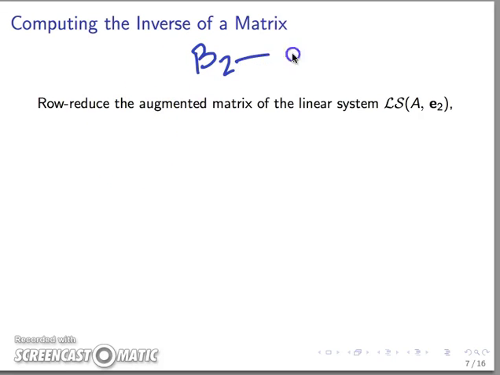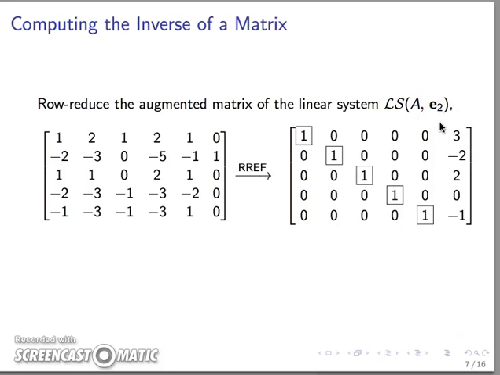To compute B sub 2, we're interested in the linear system with A as coefficient matrix and E2 as the vector of constants. Notice that this looks very similar to the previous augmented matrix, but it's not quite the same because now the last column is E sub 2, not E sub 1. This is a solution set that contains one solution only, and that solution is precisely the value of B2.